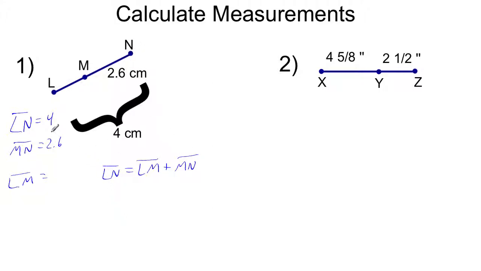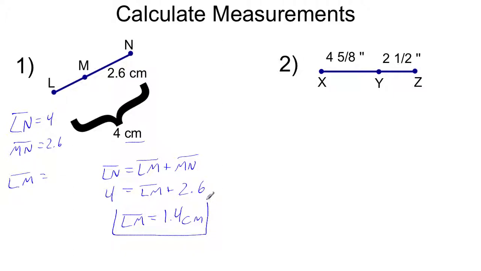So if LN is equal to 4, I have 4 is equal to LM plus 2.6, since MN is 2.6. Now this is just a simple equation to solve. If I subtract 2.6 from both sides, I get that LM is equal to 1.4. And since we're talking about centimeters, it's going to be 1.4 centimeters. And that's my answer.